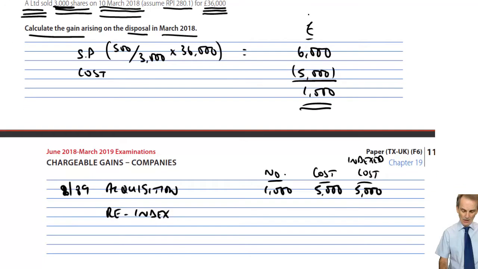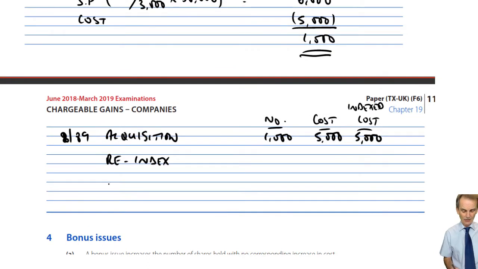So, RPI now at this date, 153.9, minus what it was when we bought it. We'll get the question over here, 115.8, all over 115.8, and we multiply that out by 5,000.